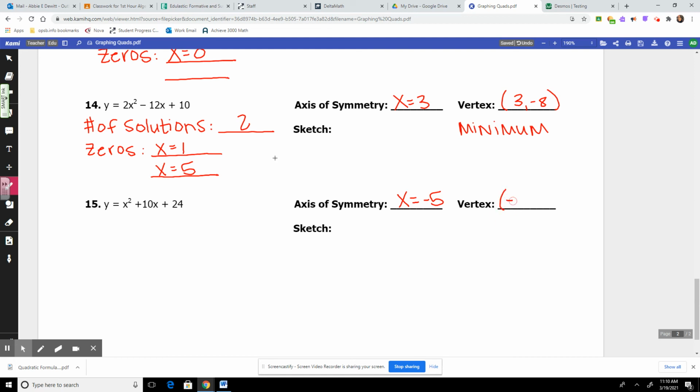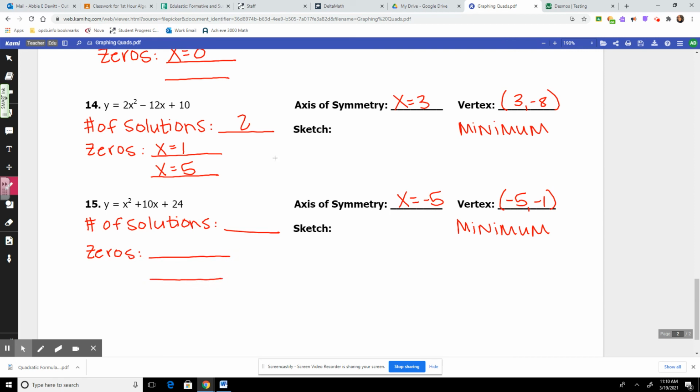The vertex is at (-5, -1) with a minimum. Your number of solutions, how many times does it touch the x-axis? And your zeros, what are your x values where that graph and parabola touches the x-axis? It occurs 2 times at x equals -6 and x equals +4.